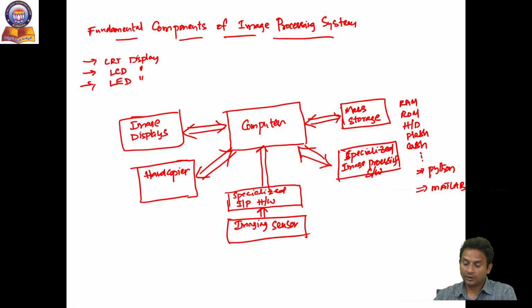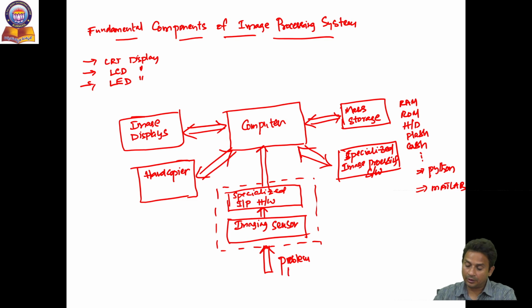We also need to have the image acquisition system, with a sensor, an A to D converter, and specialized image processing hardware. The sensors, the acquisition device, will capture the images of the problem domain. We already discussed what we mean by problem domain in the last session.